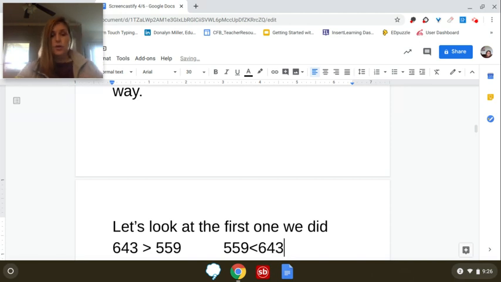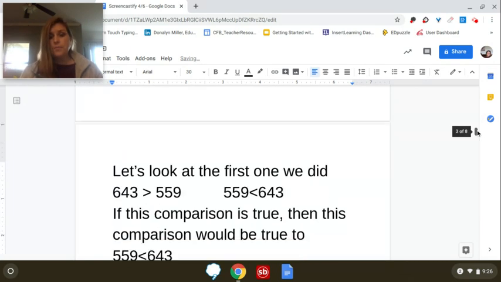And I need you to notice that these 2 statements are both true. What is different is I have flipped the numbers. And when I flipped the numbers, I flipped the sign. So that now when I read this, it says 559 less than 643, which is true.